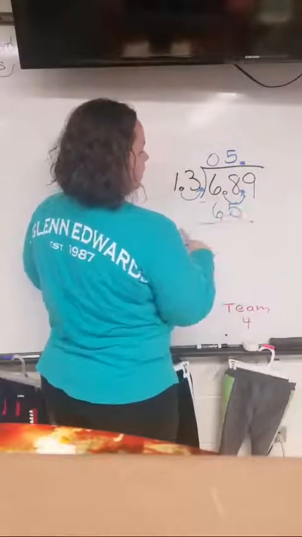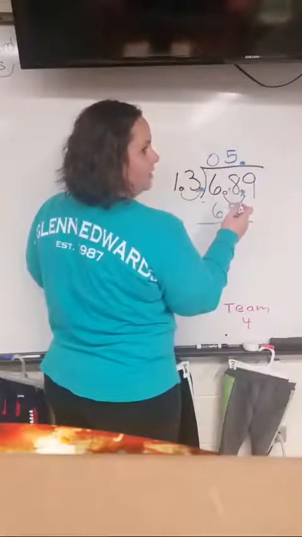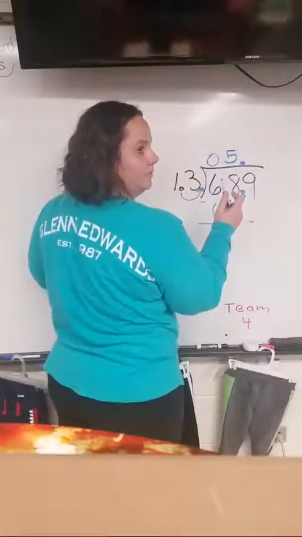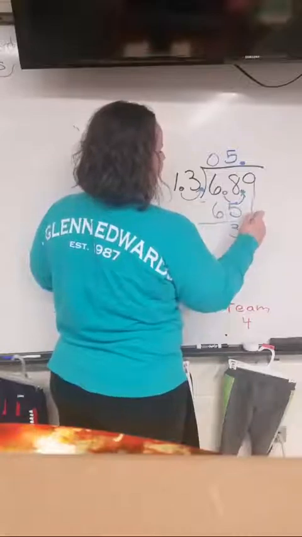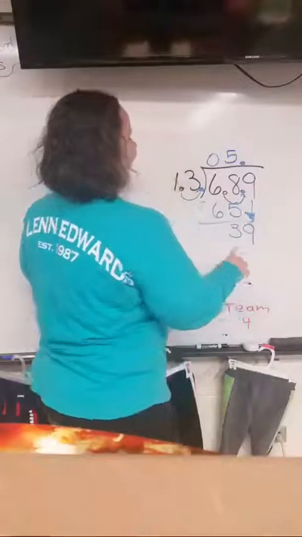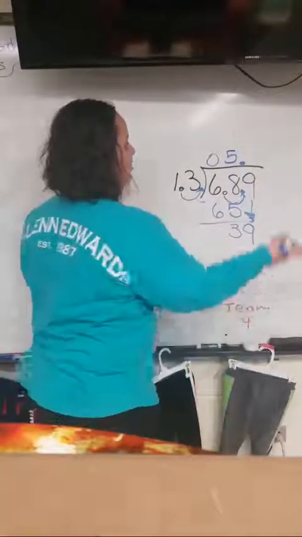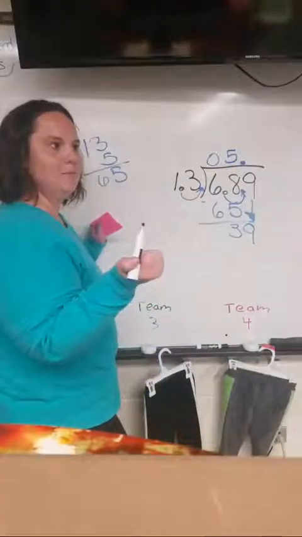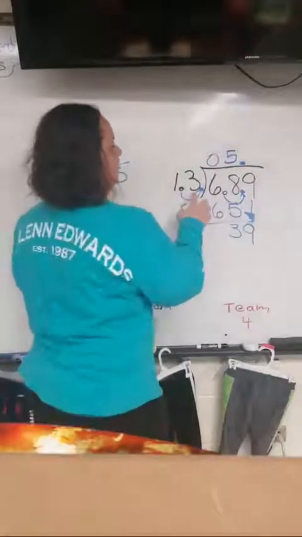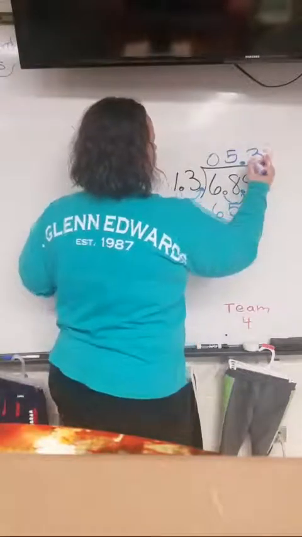Okay, then I subtract. So 8 minus 5 is 3. I was giving you guys that wait time. I'm used to it, sorry. Okay, and then I have 13 into 39, which is going to go how many times? I can figure it out because I know 3 times 3 is 9, so I'm going to say it goes 3 times.